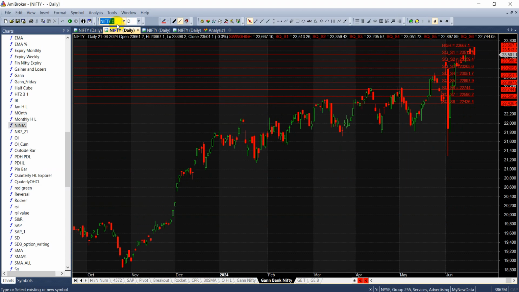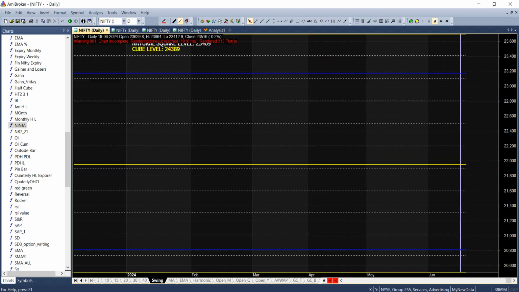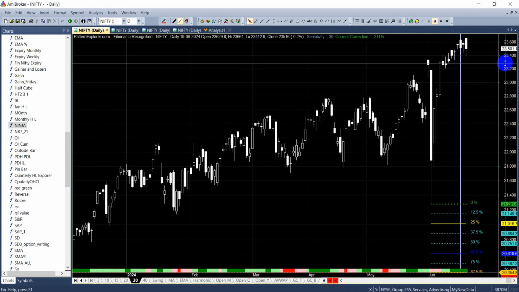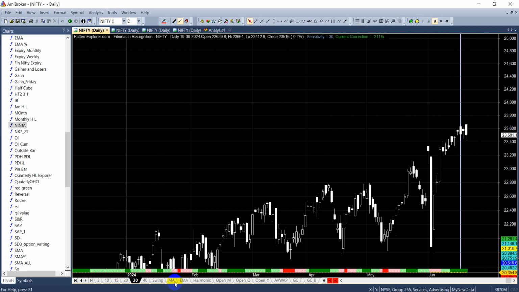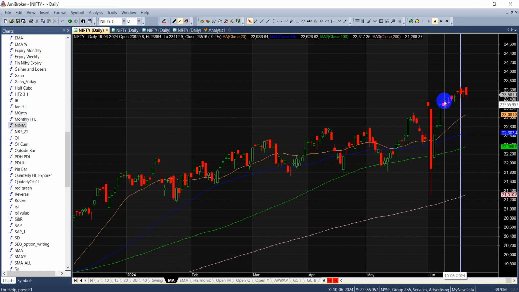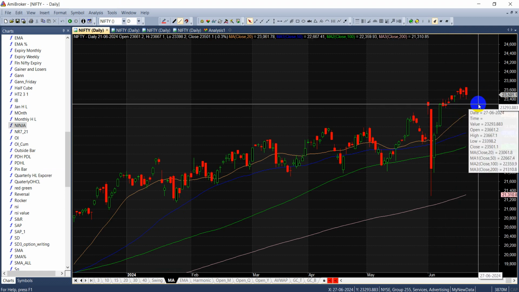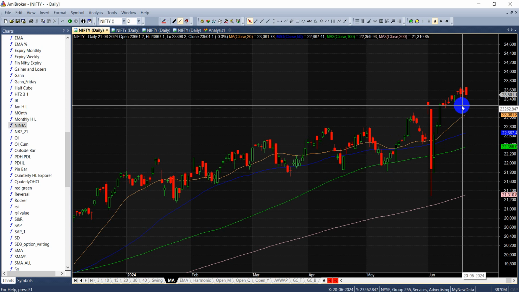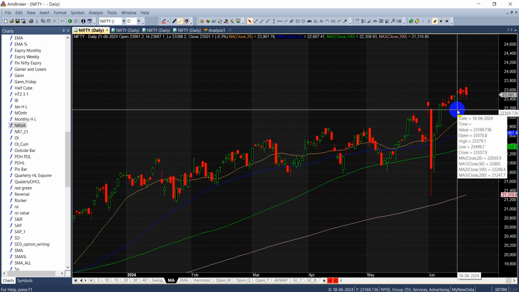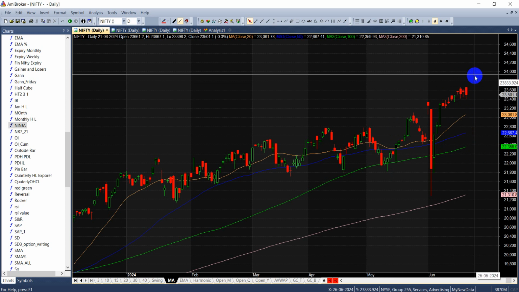Nifty has formed a perfect outside bar pattern here, and you can see the markets are not doing anything. Once it broke this high, we are making new highs every day, but every day the markets are in red. Two outside bars have been formed: one inside bar, then outside bar, then inside bar, and then outside bar. This particular thing is a very, very important phenomenon.